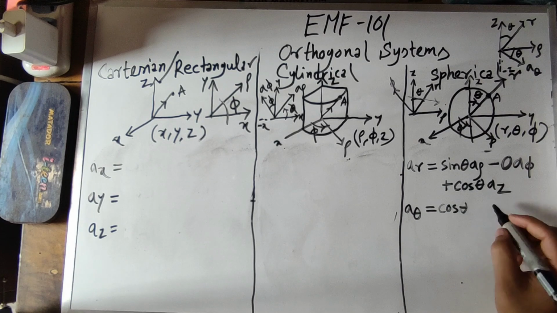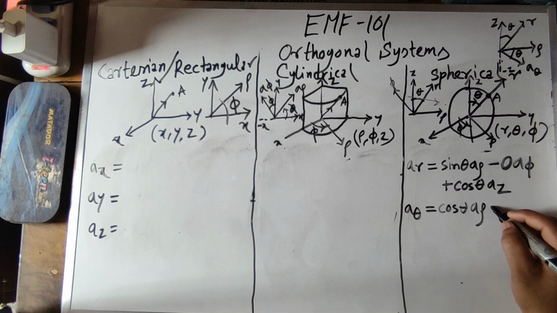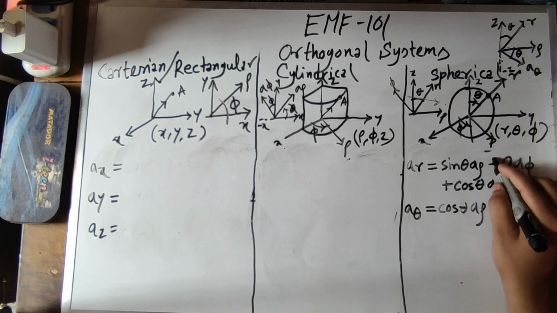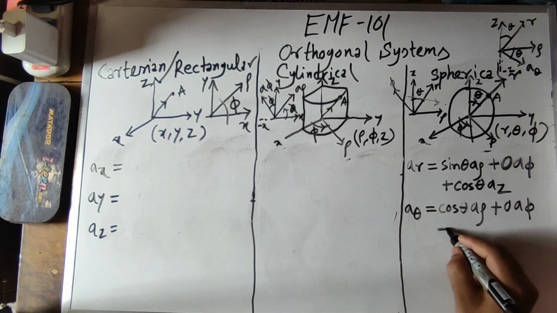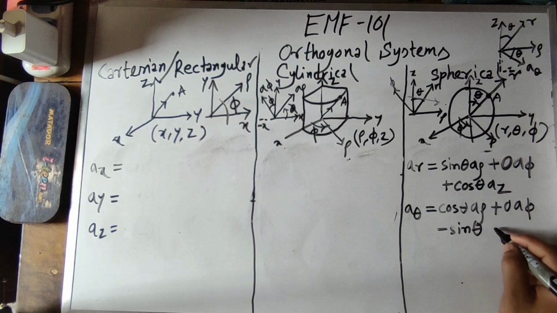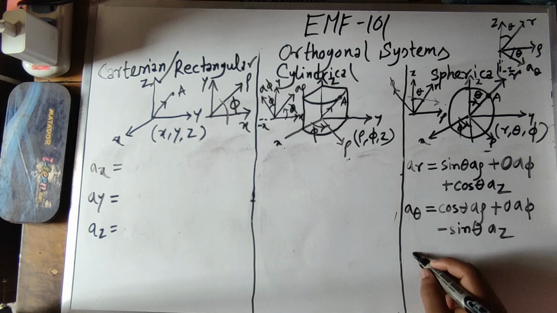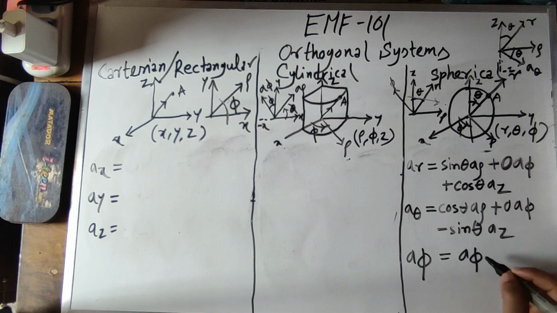So cos theta a rho, and a theta is perpendicular to phi, so no component, plus 0 a phi, and with az it has minus sine theta, so minus sine theta in the direction of z with unit vector az. So this is a theta in terms of rho, phi, z. Now a phi is the same as a phi in the cylindrical.